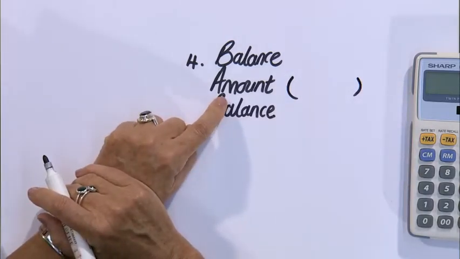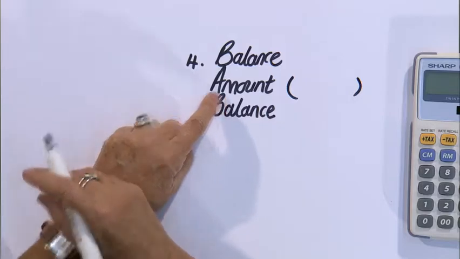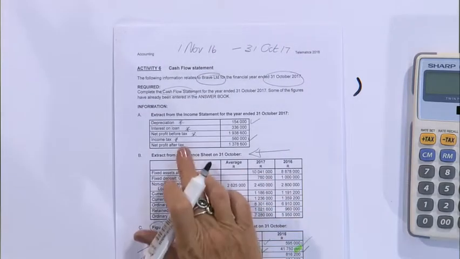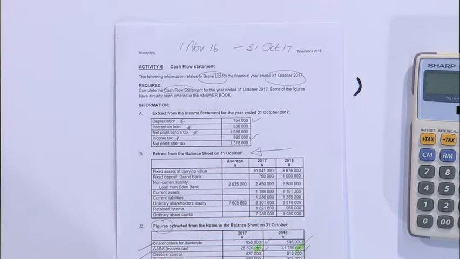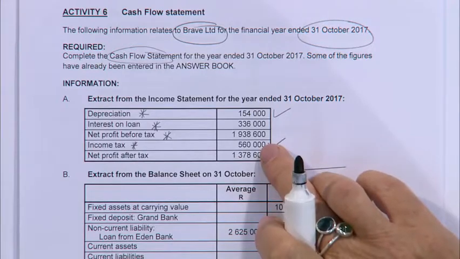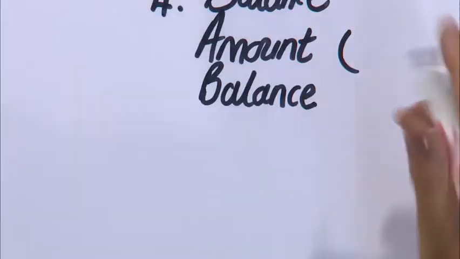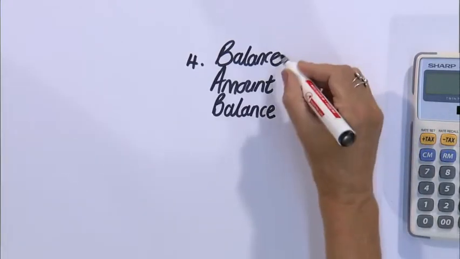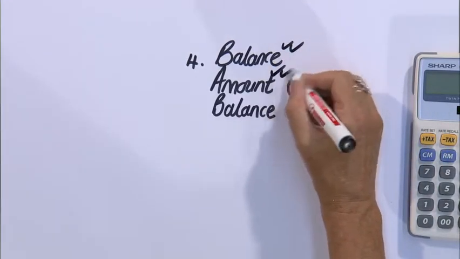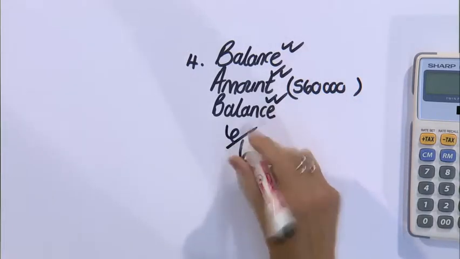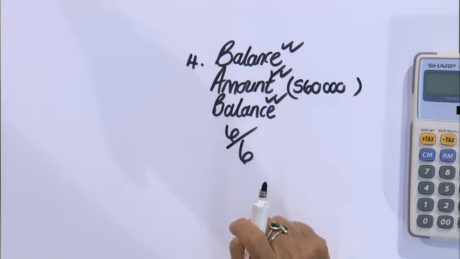Because the amount on financial statements always refers to my income tax, 560. It can only be a negative. Let's go put that there. Same as what I did before, but now I might get 6 out of 6 here because I'm doing the official note.